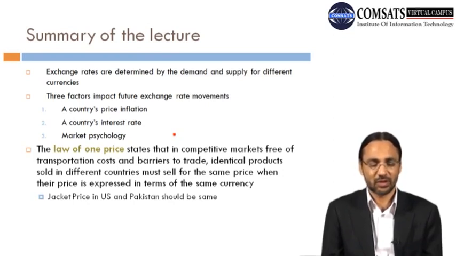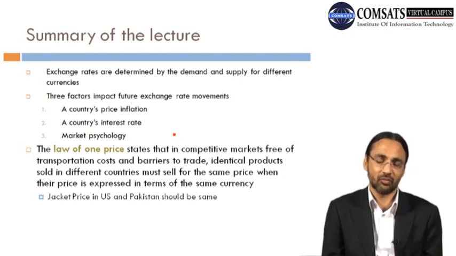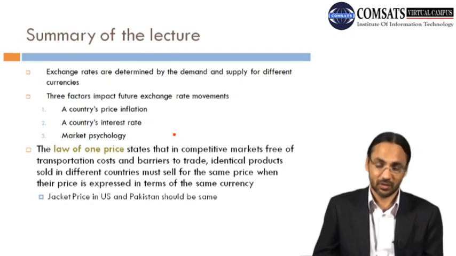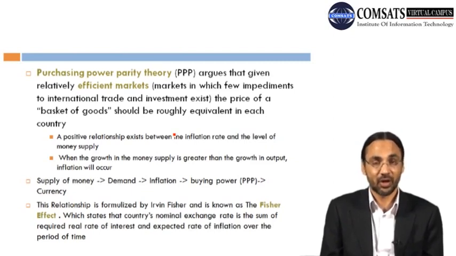For instance, we discussed a jacket priced at $5 in the USA; if we convert $5 to Pakistani rupees, it is 500 rupees, and we should be able to buy the same jacket with 500 rupees in Pakistan. The next term we have seen is purchasing power parity, which is based on a relatively efficient market.